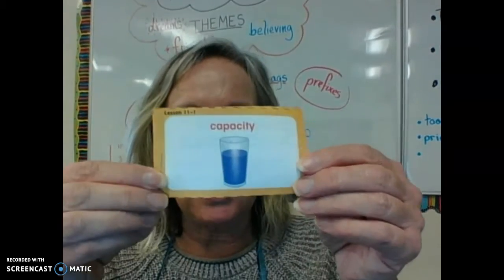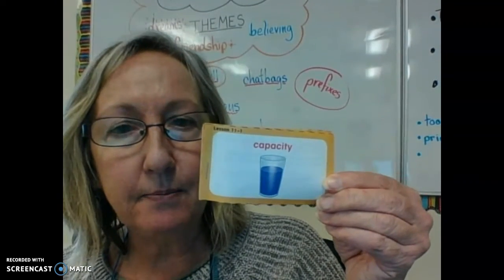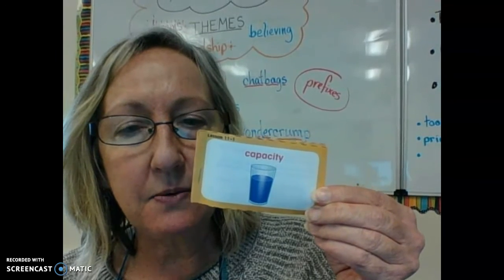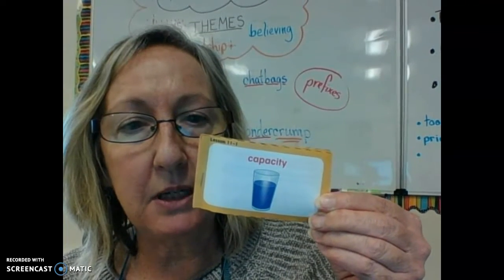So our first word is capacity. And there's a picture of a glass with some water or some kind of liquid in it. If you look on the back of your capacity card, it says in those red letters up at the top, that's the definition of what the word capacity means.